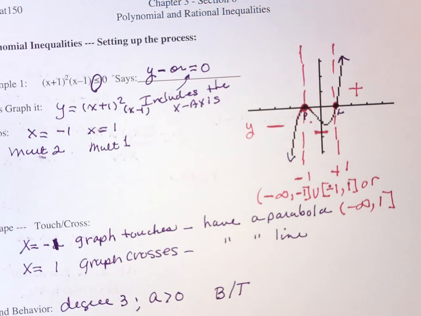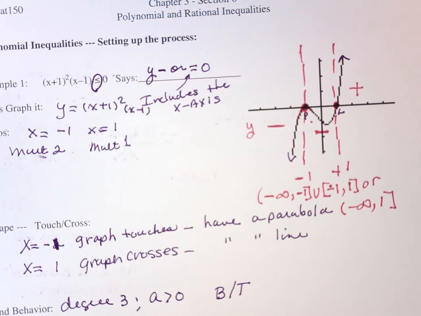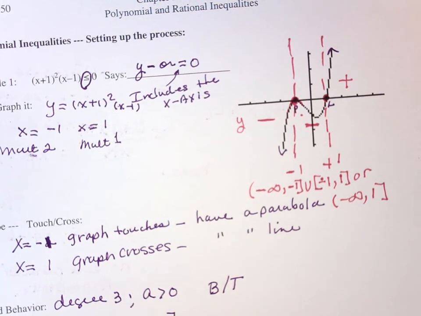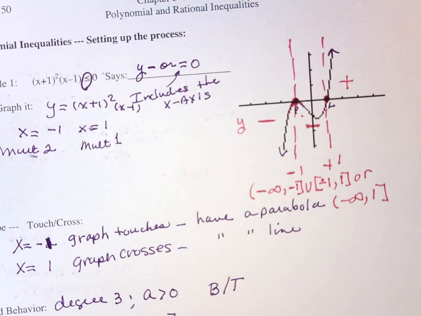So my answer from the graph is minus infinity to 1, and y is negative for those x values.